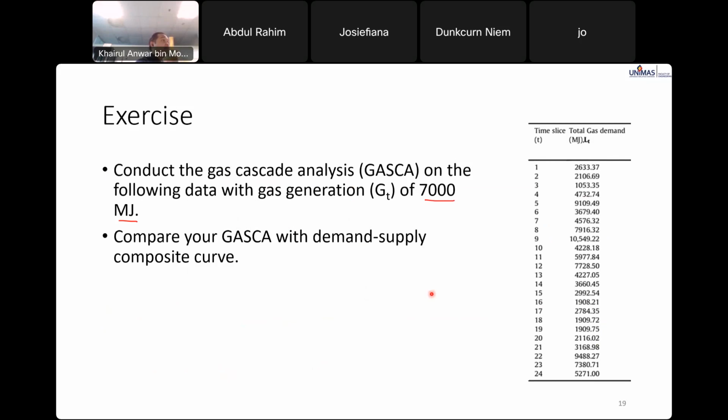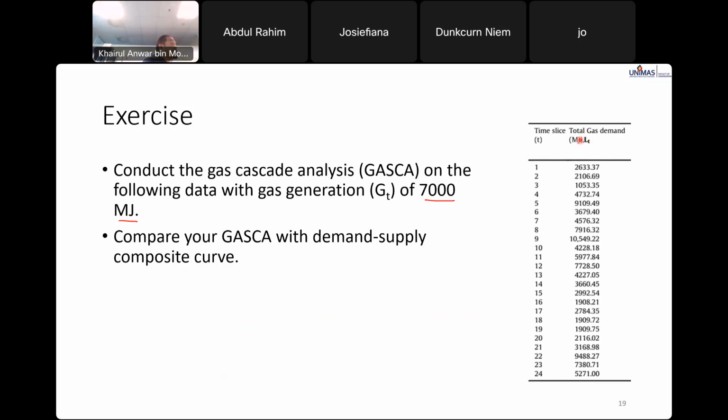In this case, there is no need to calculate FP raw, FP upgrade, F application. Just from total gas demand LT, you need to calculate GT.